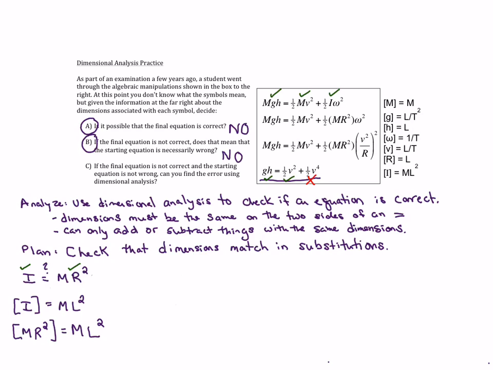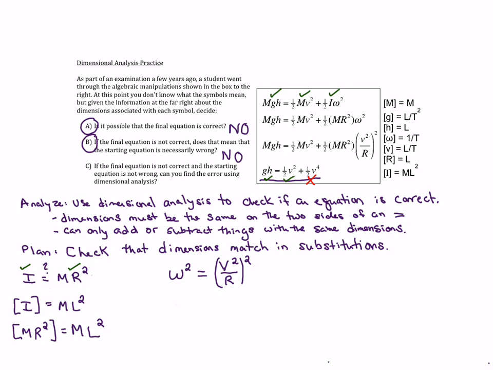So let's check the next substitution between the second and third equation. And what happened in this substitution is the student substituted omega squared, the W squared, and they said that that was equal to V squared over R, squared.